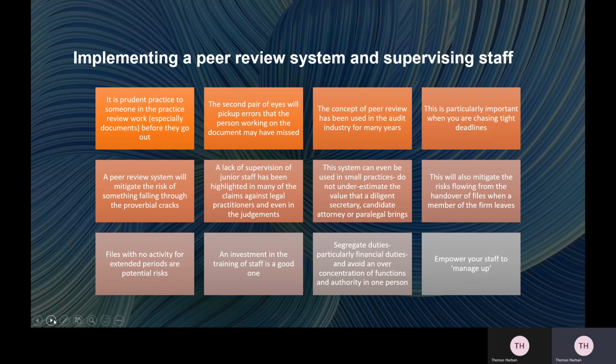A lot of the publications that we put out go out to legal practitioners who don't read them. We get a lot of useful feedback on the risk management areas we raise from staff members in firms. They are not reporting their employers, but they'll say that if they came across a similar instance, or they know of another firm that had something similar, and we also learn a lot from them.